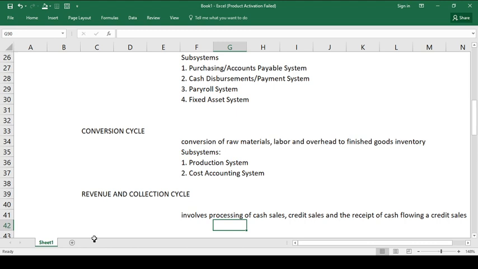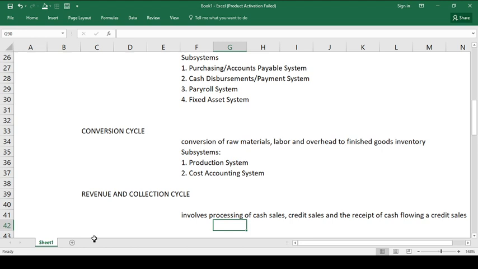The revenue and collection cycle involves the processing of cash sales, credit sales, and receipts of cash from credit sales. Meaning, how are we going to record revenue? What documents are needed? Before recording as accounts receivable, what will it go through? That's the system, or the cycle, that we need.